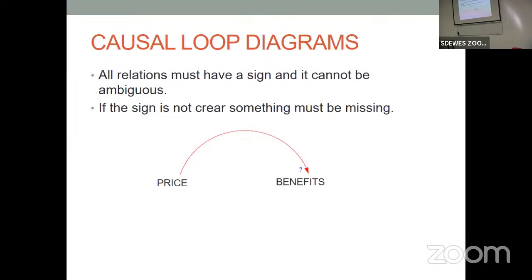In other cases, we have no clear sign about that. For example, if you increase the price, are you going to obtain more benefits? Is this positive or negative? What is going to happen if you have a higher price? Higher benefits for those who sell and lower for those who buy.